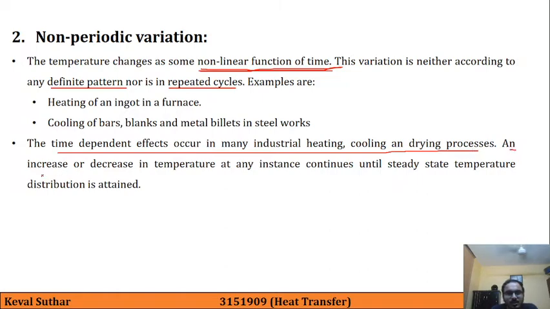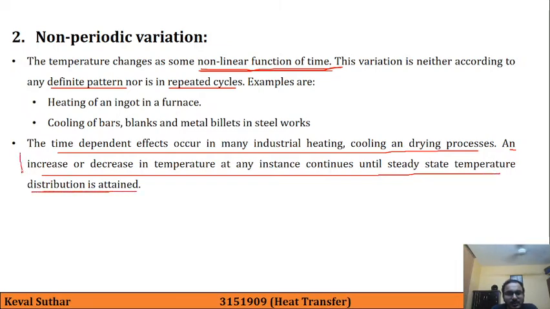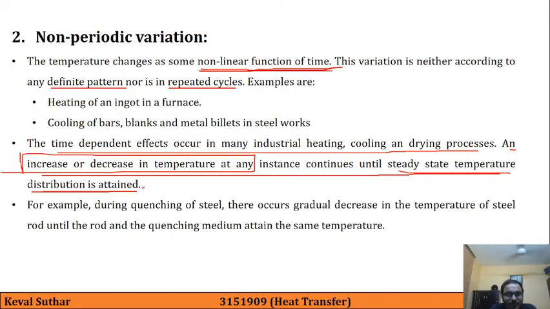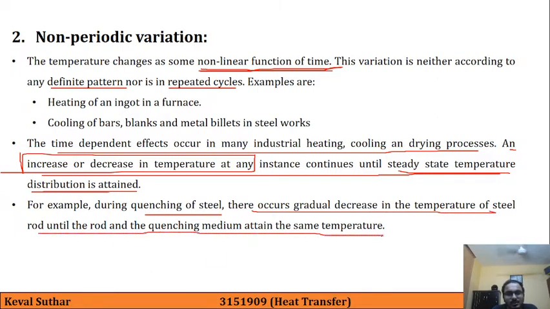An increase or decrease in temperature at any instant continues until steady state temperature distribution is attained. So this variation in temperature will keep on happening until we achieve steady state temperature distribution. For example, quenching of steel: there occurs a gradual decrease in temperature of the steel rod until the rod and quenching medium attain the same temperature.